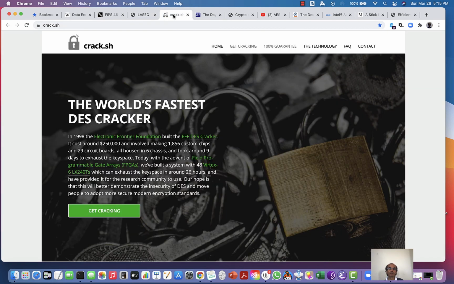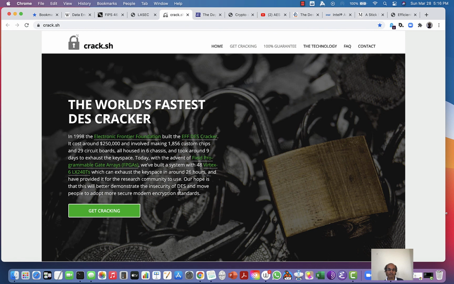We can also look at how people are doing in terms of DES cracking. You can now go to crack.sh and you can crack a DES key. So they've built this now with FPGAs and made it available, and they can exhaust the key sets in around 26 hours.